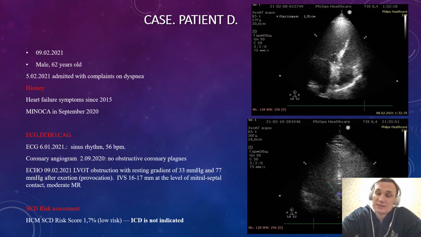But in this case, we considered this patient not so eligible for surgery, due to age first. Second, he was a truly obese patient, and we decided to perform ablation first.